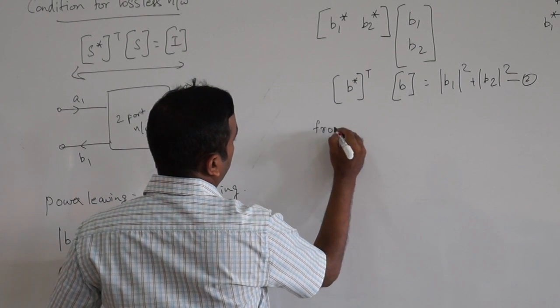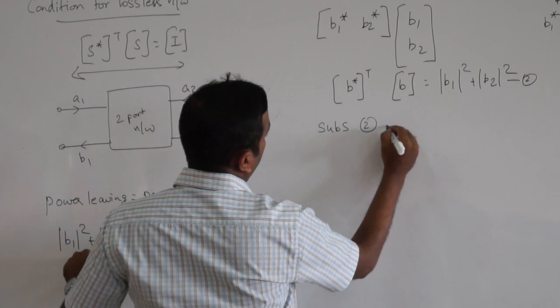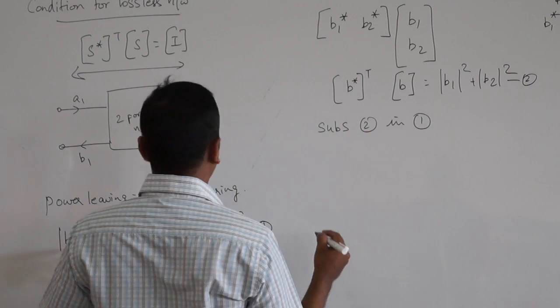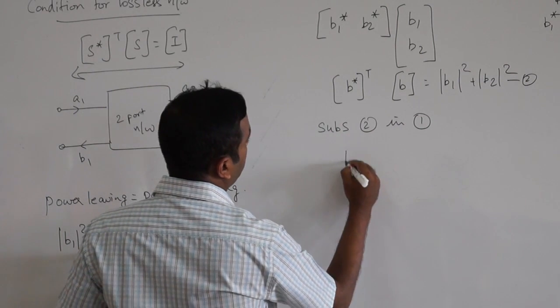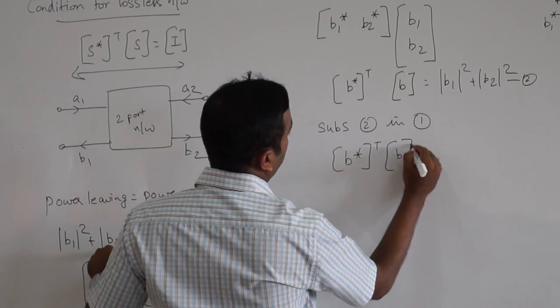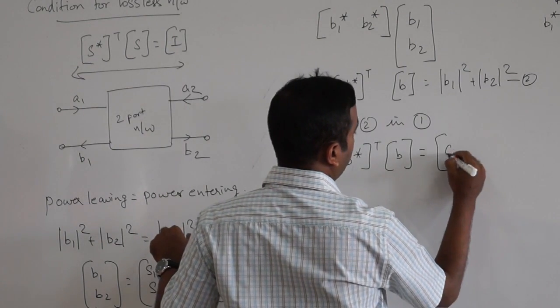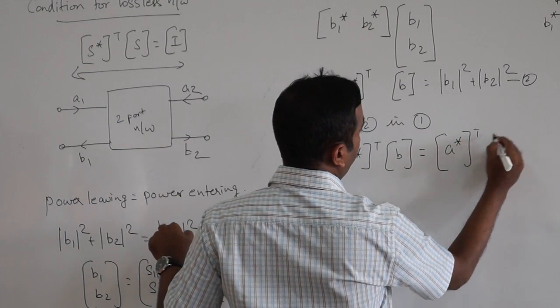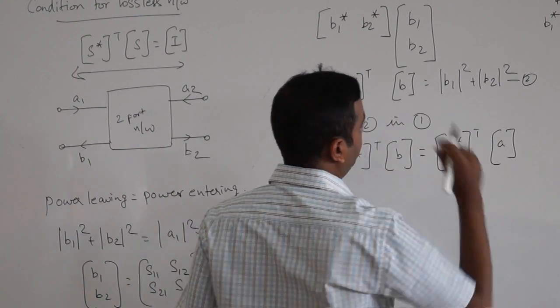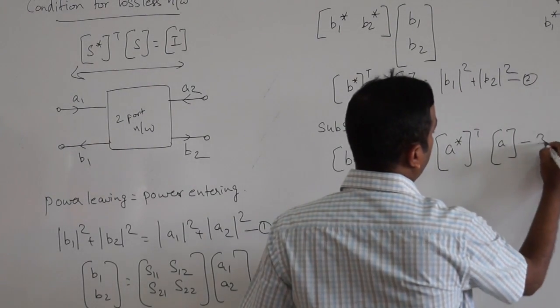From 2, substituting in 1, I can replace B1 squared plus B2 squared with B star transpose into B, which is equal to A1 squared plus A2 squared, which can similarly be replaced with A star transpose into A. Let's call this number 3.